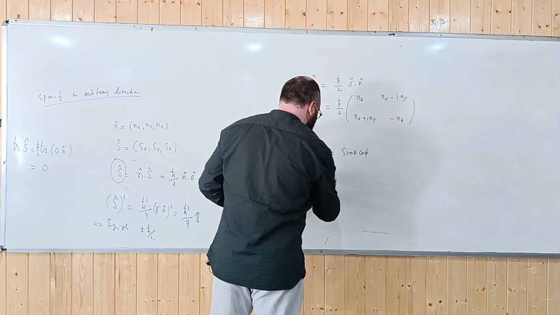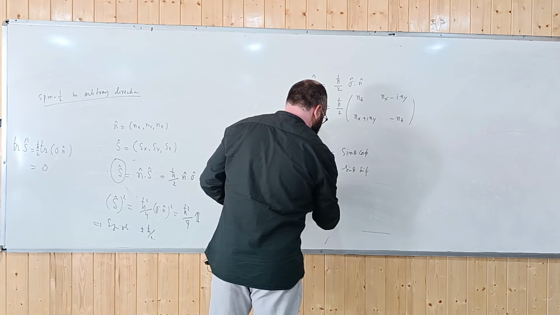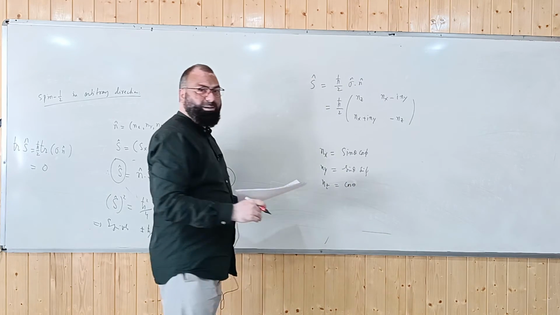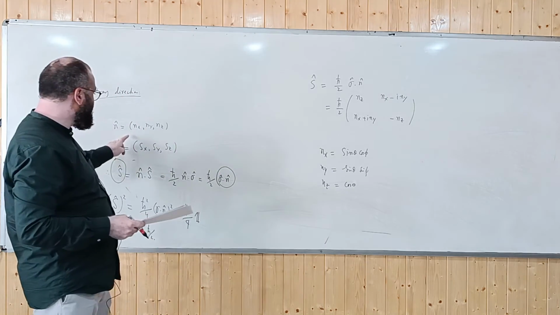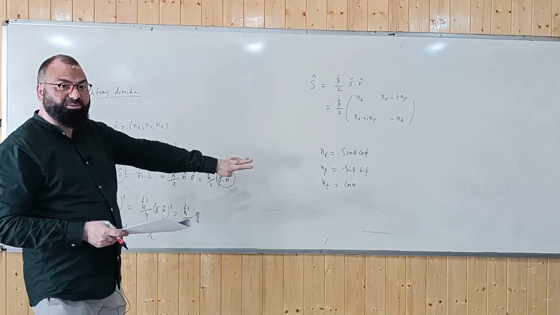What is ny? Sine theta sine phi. What is nz? Simply cos theta. It's a point on a sphere, so it will give the direction. This n will give the direction for a point on the sphere. Clear? And the components will be like this.